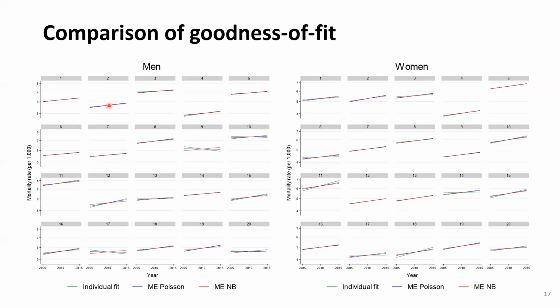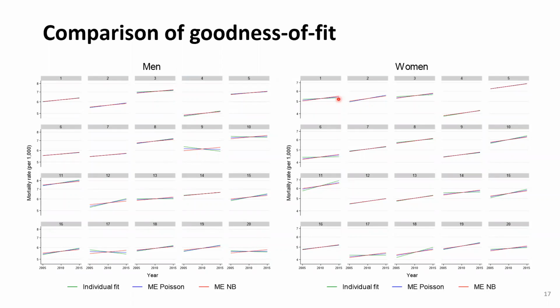And how do you see? For some cities, they're very close. We didn't see any difference between them. But for city 9 for men, we see a difference in the estimated line. City 12, city 17, city 20 a little bit.